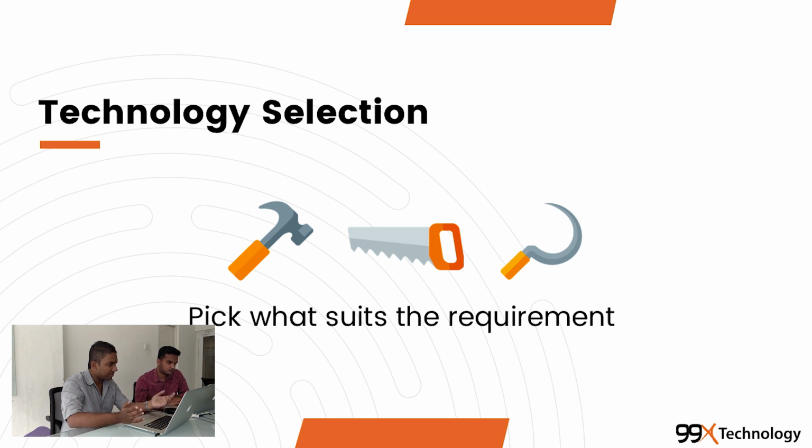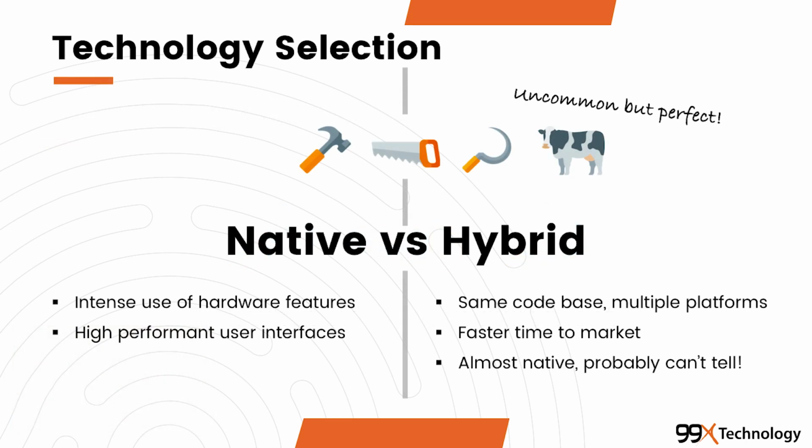First we look at the client-side technologies, the technologies that you're going to actually make the application with. Assuming you are building this application for popular mobile platforms like iOS or Android, you have a number of choices to make at this stage, like whether to go native versus hybrid.